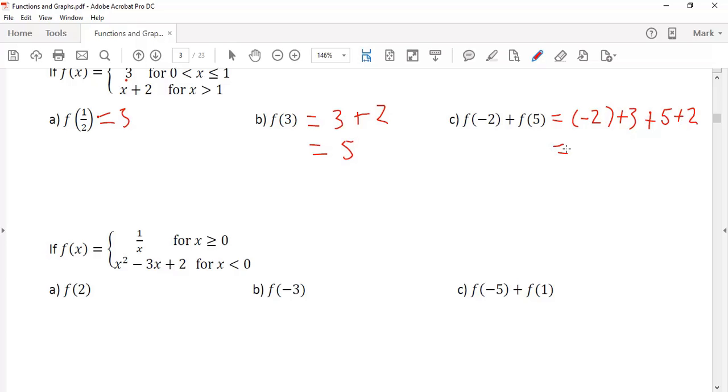If you do that on your calculator now, or you just do it in your head, you'll get 8. So you guys can try the rest of this page, and remember, just be careful of the signs.